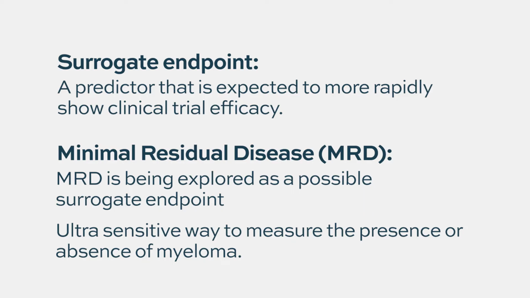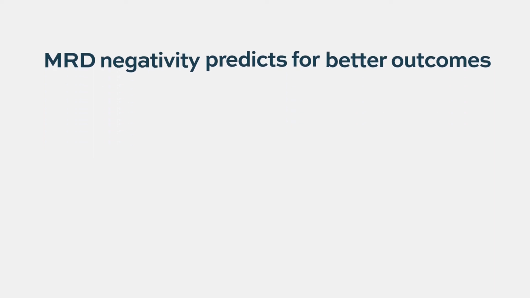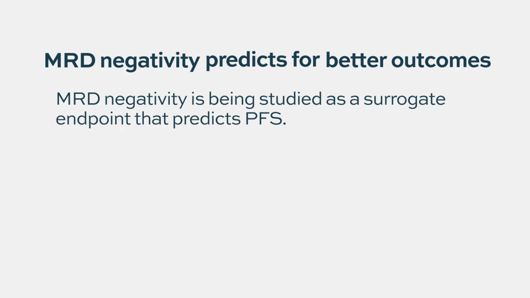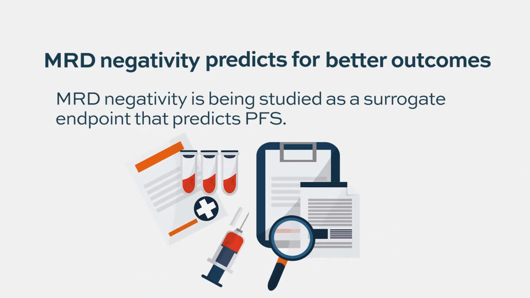Essentially, it's an ultra-sensitive way of measuring for the presence or absence of myeloma cells. And in several trials, it has been demonstrated that minimal residual disease negative, in other words, no detectable disease by ultrasensitive tests, predicts for better outcome, mostly progression-free survival, I think it would be fair to say. So now there is a push to use something like MRD negative status as a surrogate for progression-free survival. That's what we talk about when we're talking about surrogate endpoints.